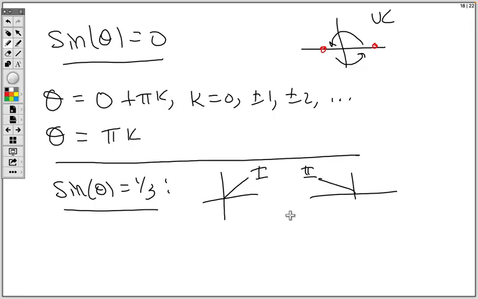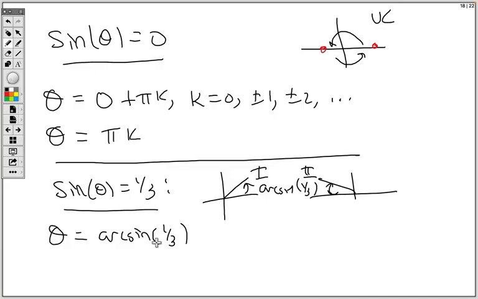Is that a reference angle I know? It is not. That means I'll have to use the inverse sine, the arc sine. So the reference angle I could take is the arc sine of a third, which would give me an acute angle here, which would serve as the reference angle for quadrant 2.